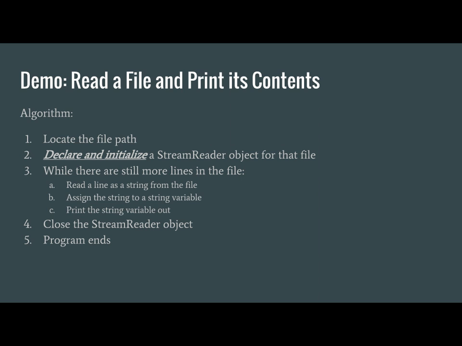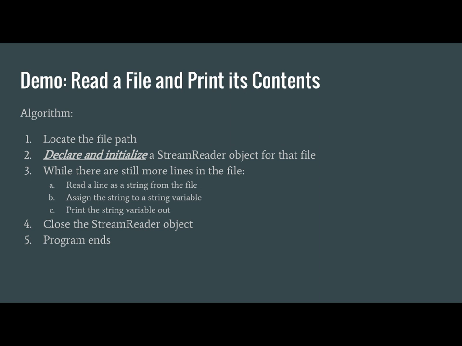While there are still more lines in the file, we read a line from it, assign what we read to a string variable, and print it out. Once there are no more characters in that file, we exit this while loop and close the stream reader object, and the program will end.